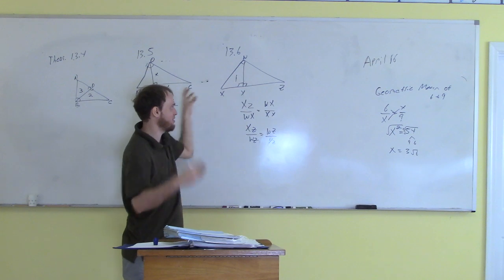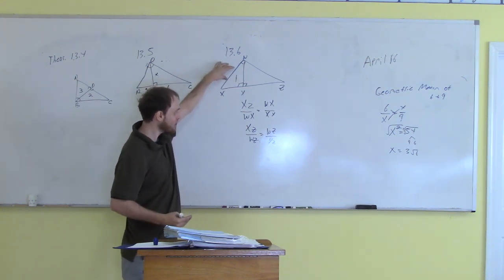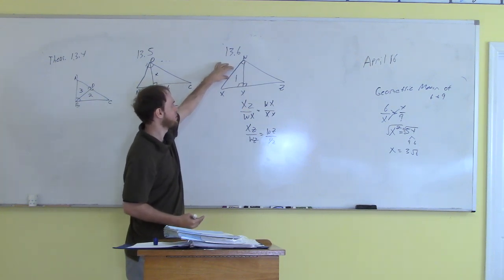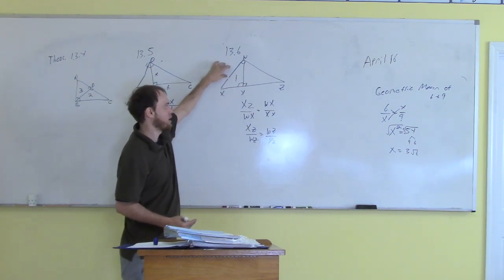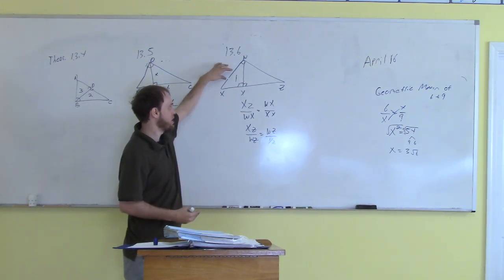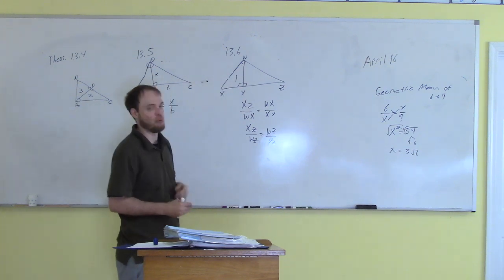So you put xz, the big one, over wx, and then you put wx over xy, which is the leg of the smaller one here. And so xz, the hypotenuse of the big one, over the hypotenuse of the small one, and then you do wx over xy. And so why does that work?